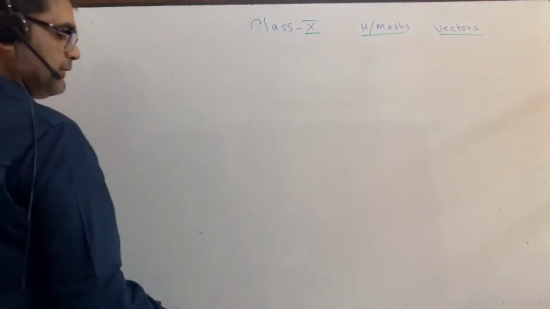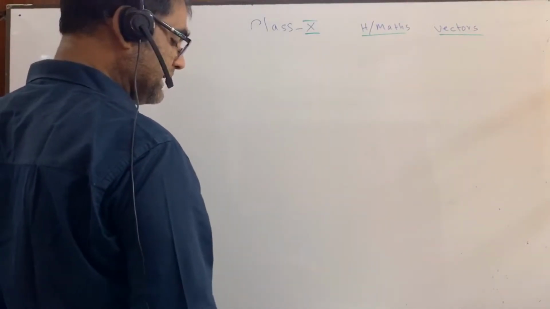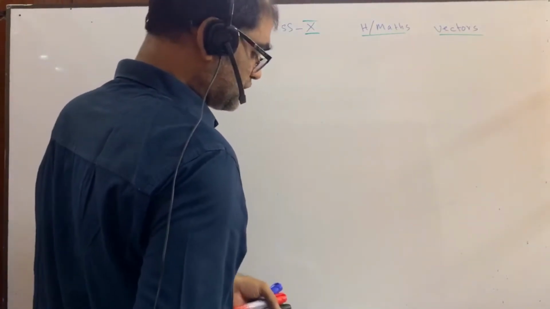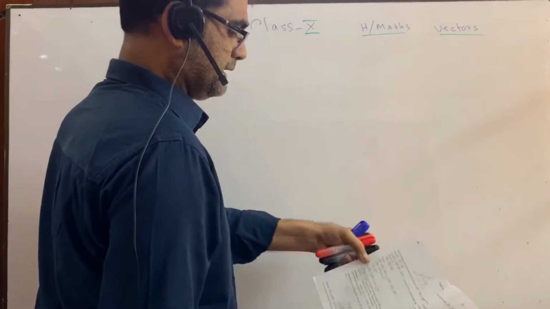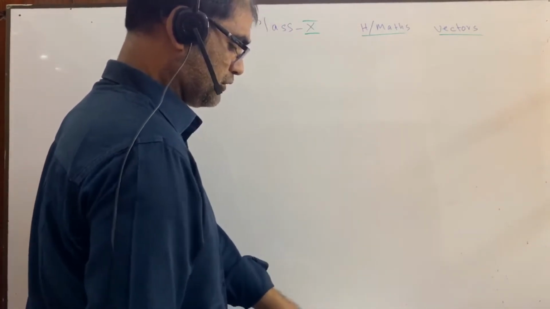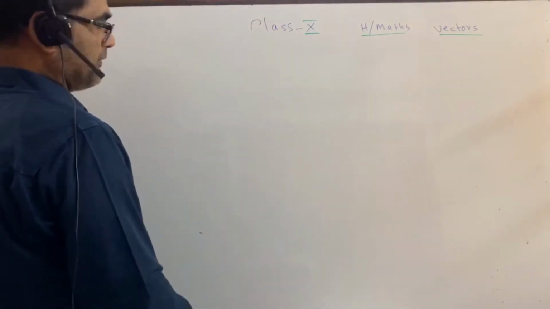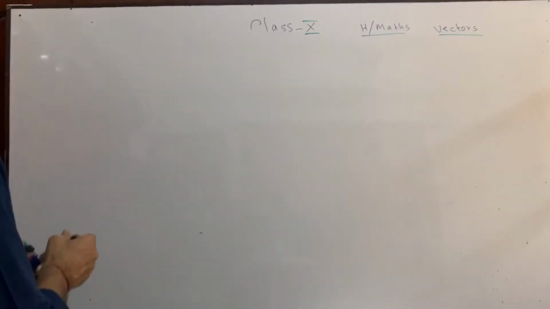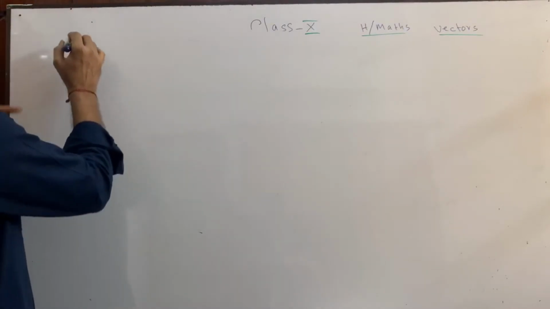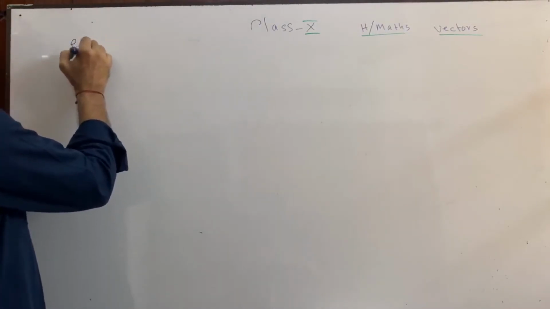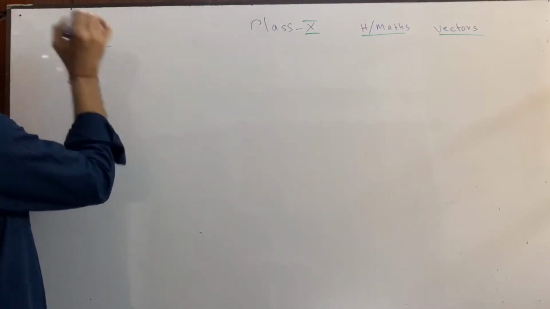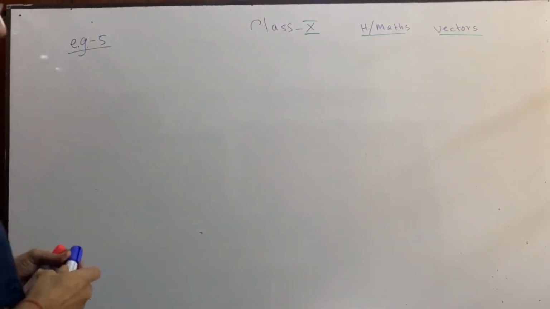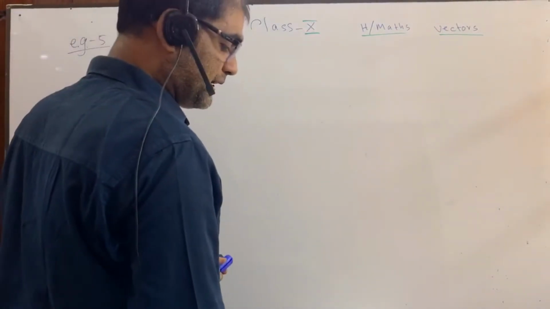You see, that is example number 5. All of you just pay attention. Example number 5 is the most important part for your time. What is told here?